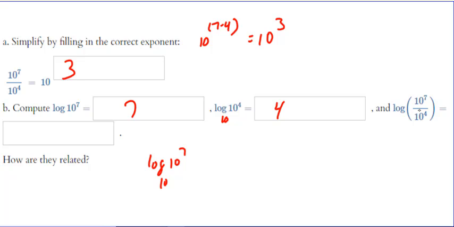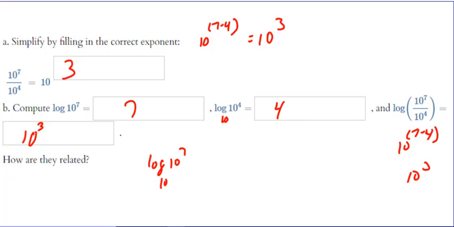Now, when you look at this one, this ain't different. So it should just be 10 to the 7 minus 4, which would be 10 to the 3rd. But I think they've left off a 10 somewhere.